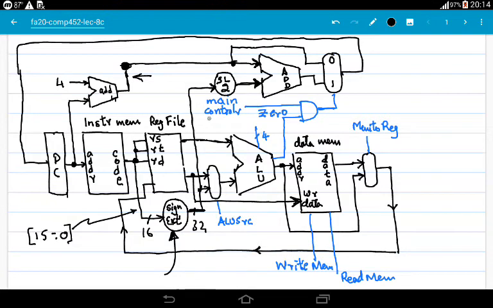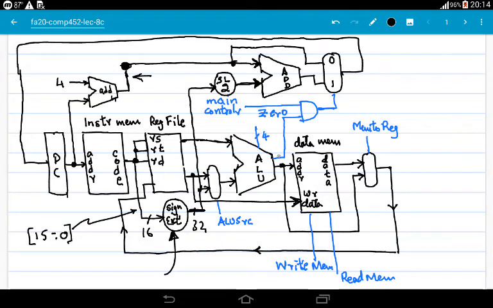And if the main controller asserts this line, it means it's a branch instruction, and the main controller also programmed our main ALU to perform a subtraction operation on the value in S0 and the value in the 0 register.